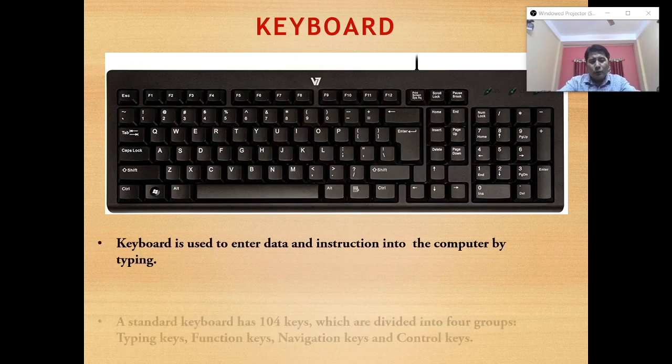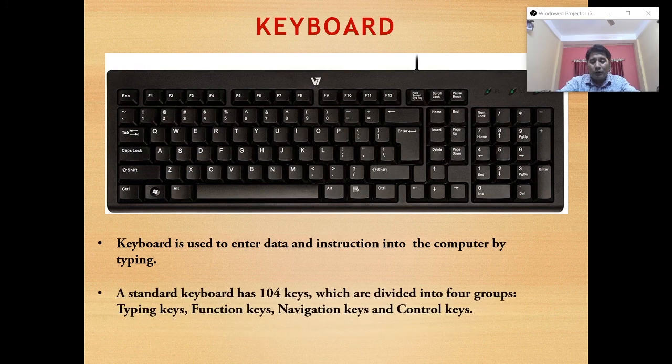A standard keyboard has 104 keys which are divided into 4 groups: typing keys, function keys, navigation keys and control keys. The alphabetic keys and the numbers we generally call typing keys, and at the top you can see the keys F1, F2, F3 till F12. We call these function keys, and we call these cursor control keys, or you can also call them arrow keys.